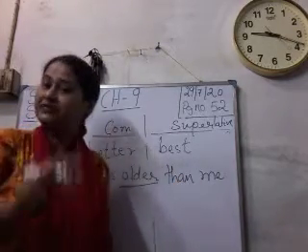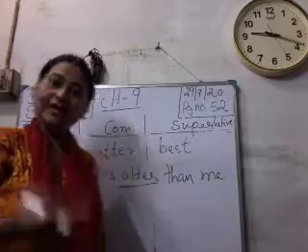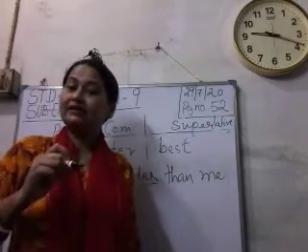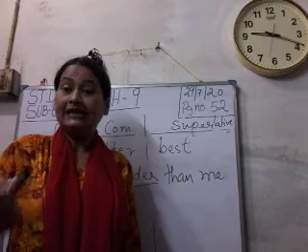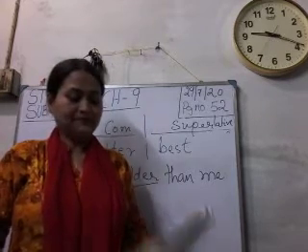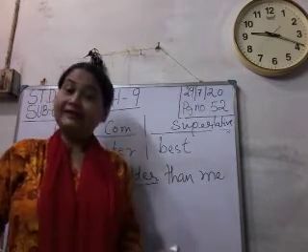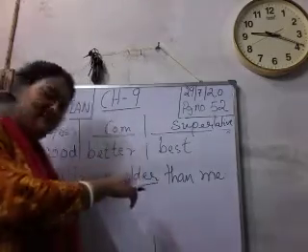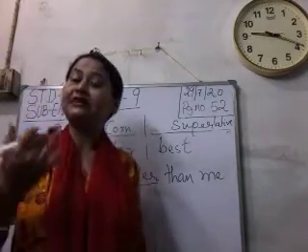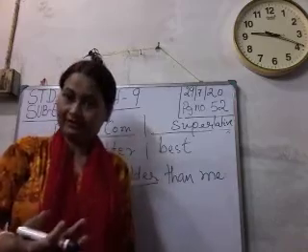Comparison is between two persons, and we are talking about age, so we are using older. Now when it comes to relationship, see, he is my elder brother. I am talking about the same person, Hari, but here I am mentioning the relationship between myself and Hari.